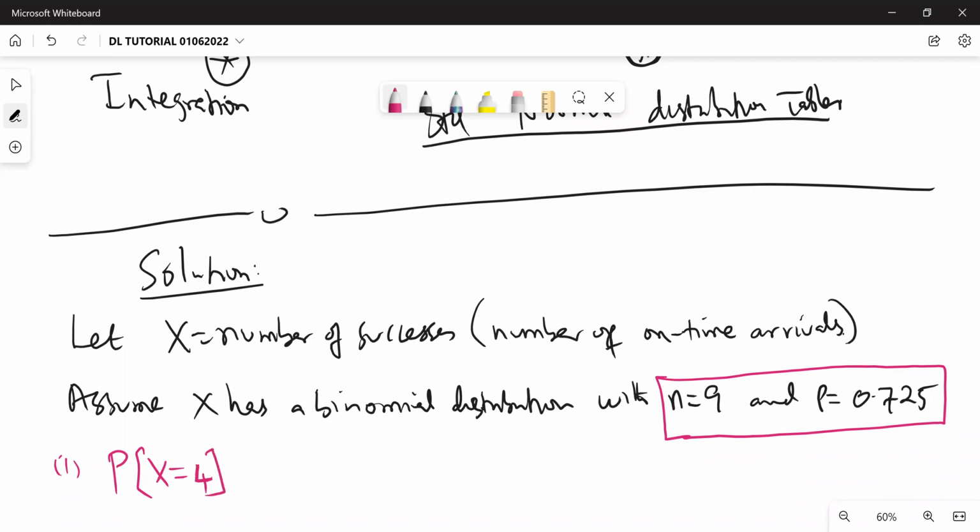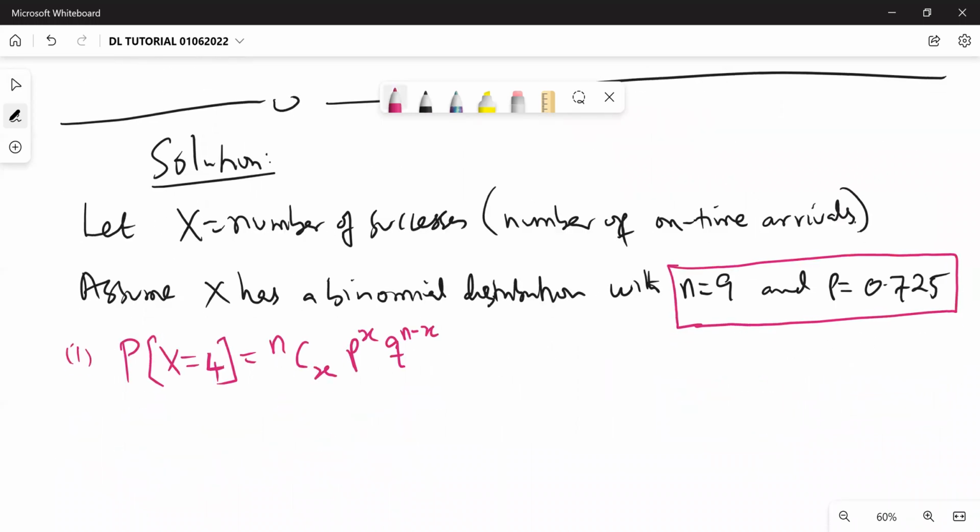That is the probability that the number of on-time arrivals is equal to 4. So we know the formula. This is equal to n choose x, then p power x, then q power n minus x.